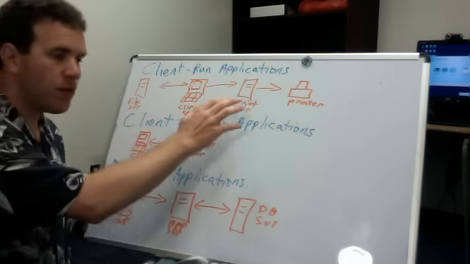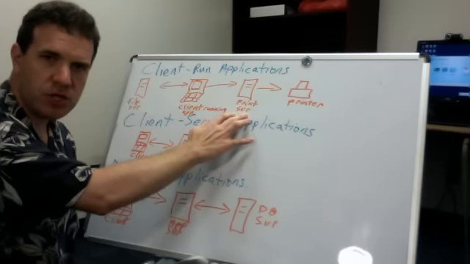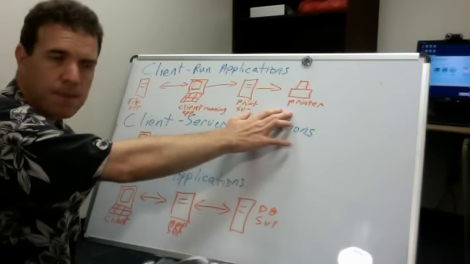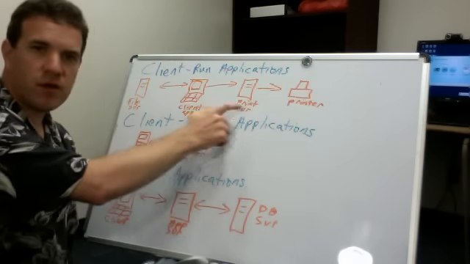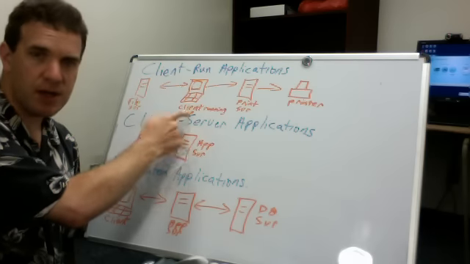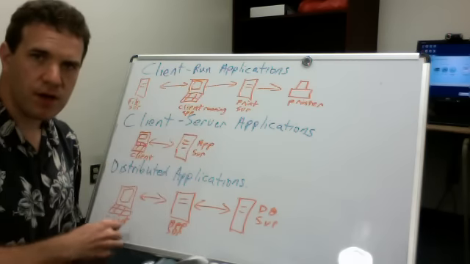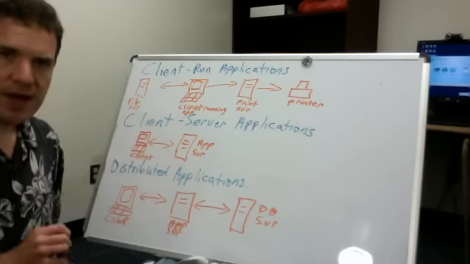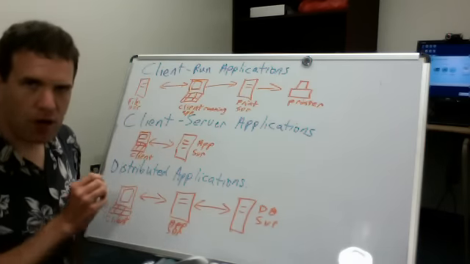Similarly, the print server is in charge of providing access to this shared printer. So this is where the servers come in, even though the main application, in this case the Office productivity software, is being run on the client.